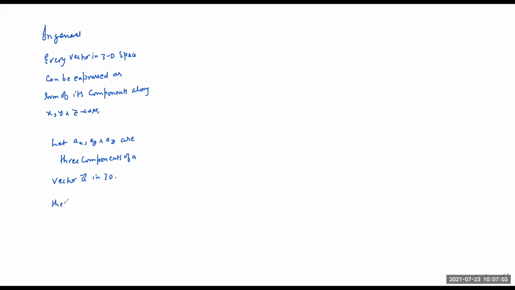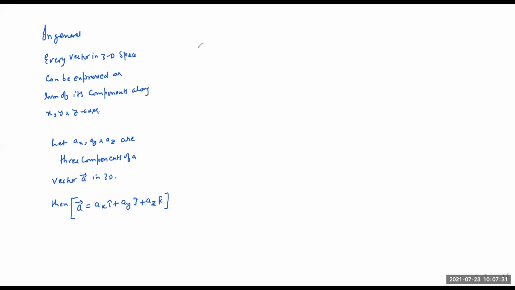Then vector A we can write simply as ax i cap plus ay j cap plus az k cap. So depending on the space, you can write a vector as the sum of its components. Make sure the component is the value, and i, j, k is the direction. You should not get confused between the value and the direction.